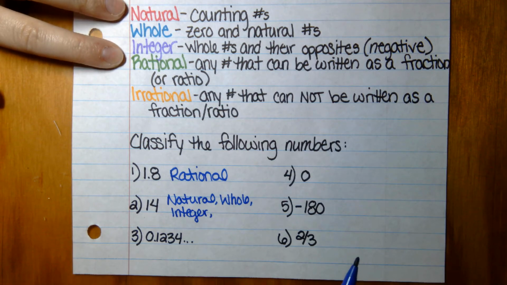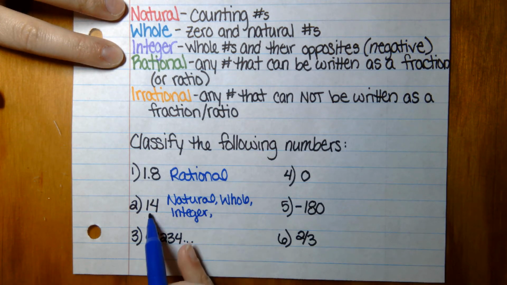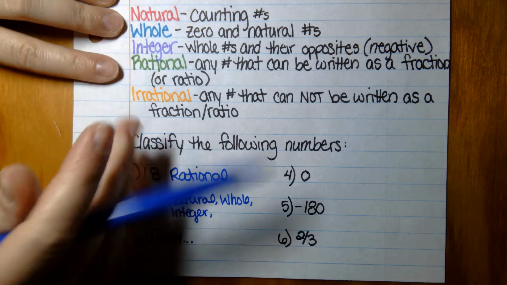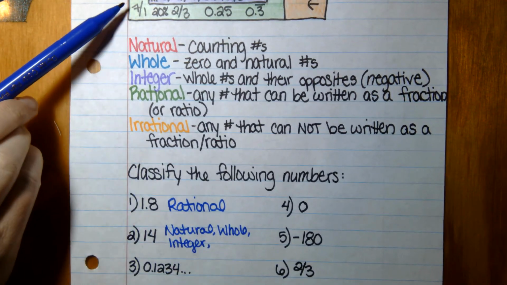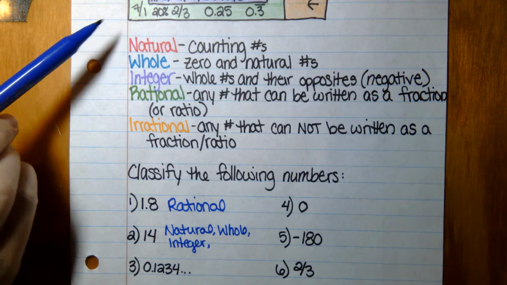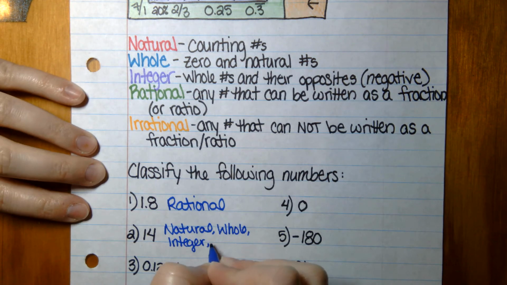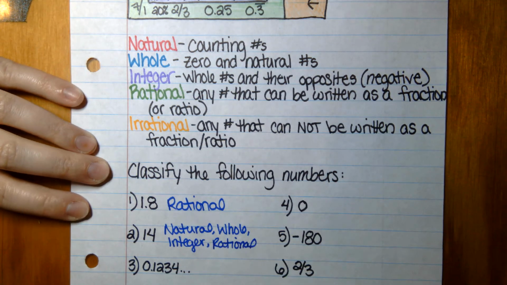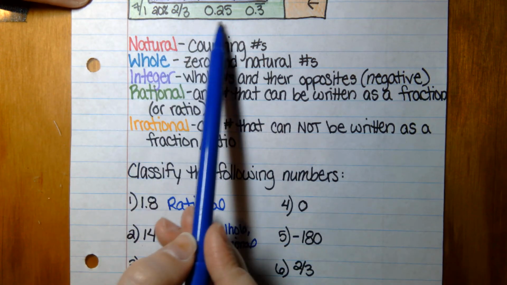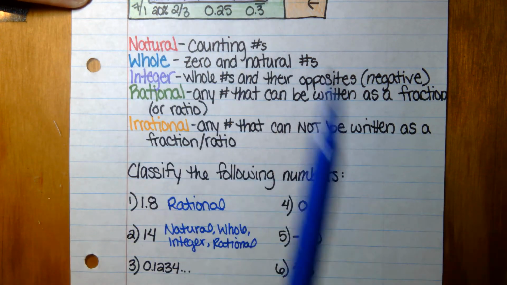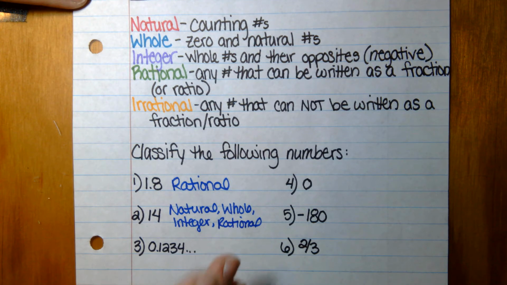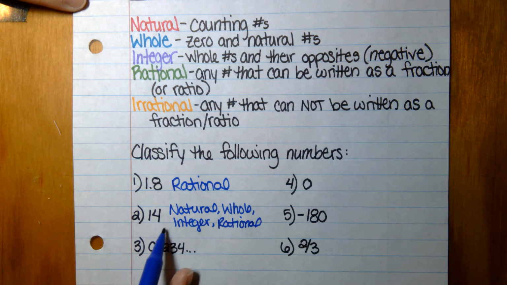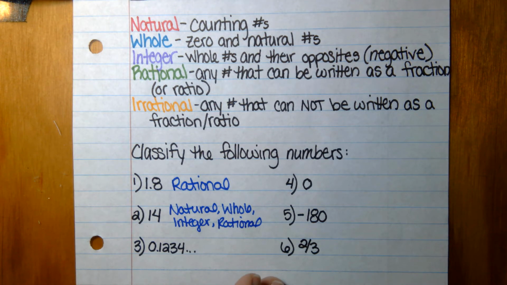And it's a rational number because whole numbers, like we saw up here, 7, can be written as fractions with a denominator of 1. So all 4 of these categories, natural, whole, integer, and rational, are included for example 2.